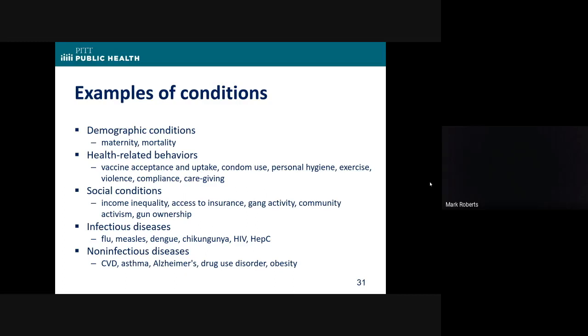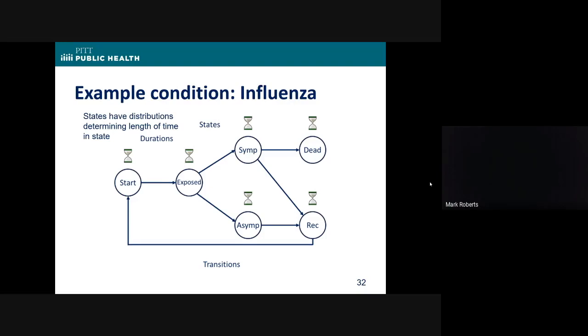So you can do demographic conditions, health-related conditions, social conditions, infectious diseases, non-infectious diseases. We've been able to make all kinds of different structures. You can see that basically you can make any Markovian-like or state transition model you want with as many states as you want, and those states can have both transition probabilities and durations.